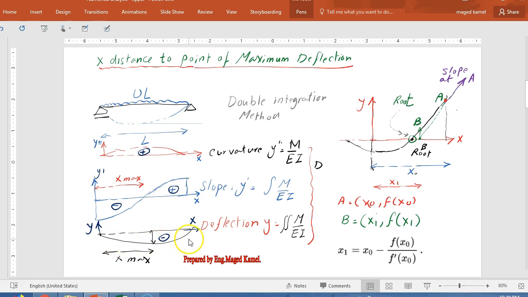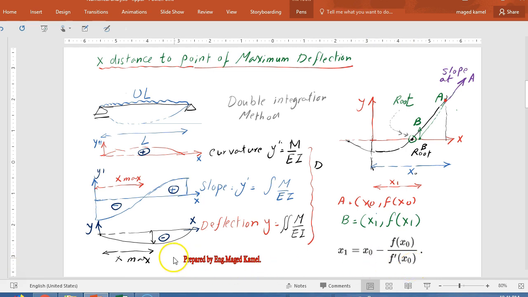Here, for that curvature, the deflection curve does not intersect the x-axis except for x equal to 0 or x equal to L. That's why we cannot directly use the Newton-Raphson method by that expression of x1 equal to x0 minus f x0 over f dash of x0.